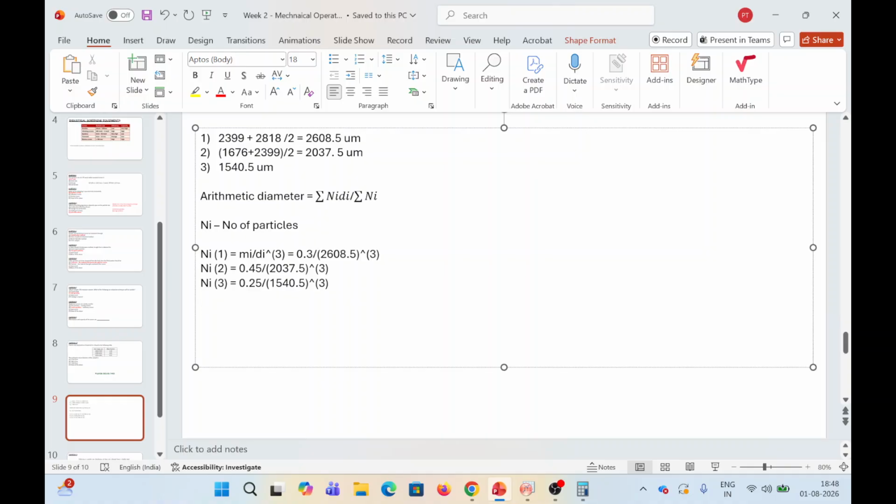I'm just taking their respective mass fraction and dividing that by their average diameter cubed. So, any questions? Now I know Ni, I have Di. So can I not calculate the arithmetic diameter?